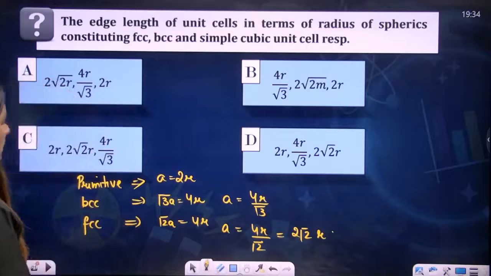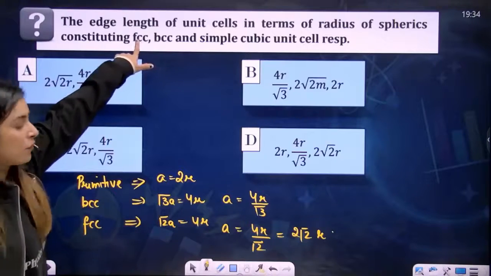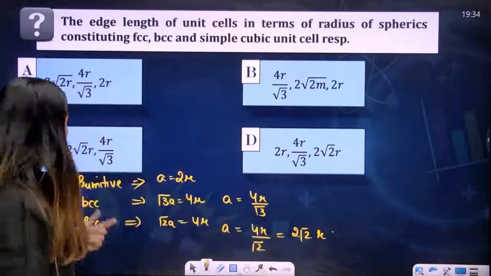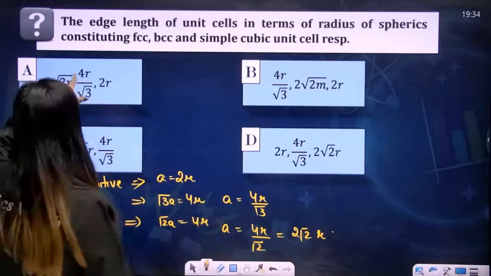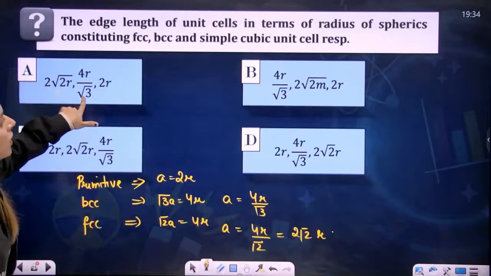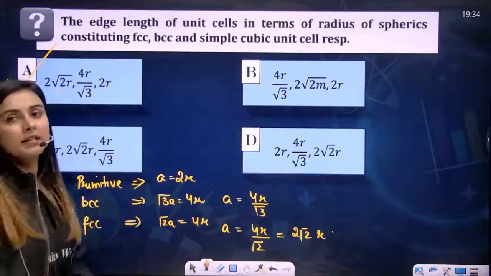So the answer is 2r, comma, you have to first tell for FCC. For FCC it is 2 root 2 r. So first value should be 2 root 2 r. Then for BCC it is 4r by root 3, and for simple cubic, that is primitive, it is 2r. So option A will be your correct answer.